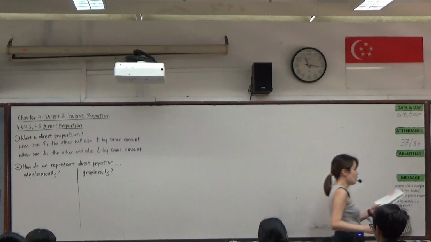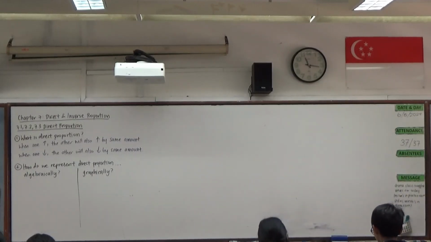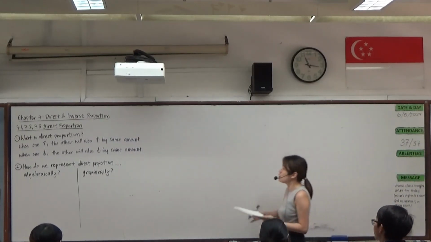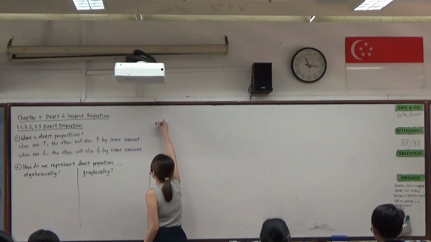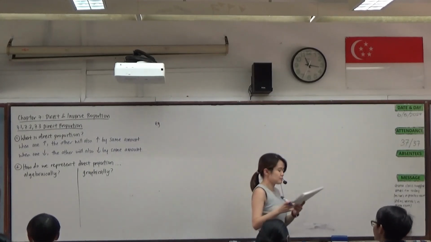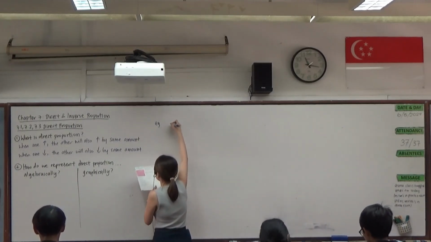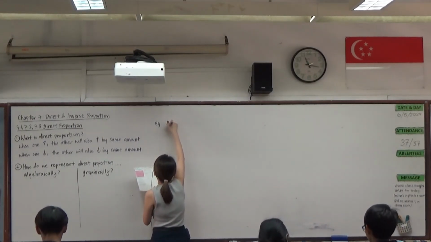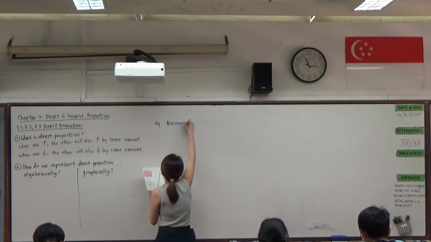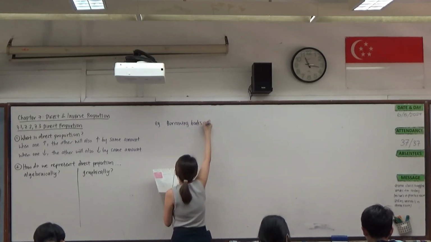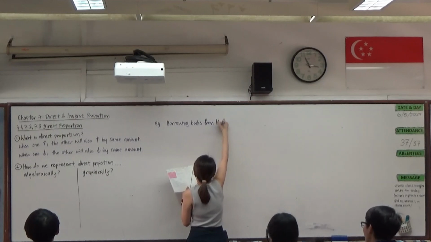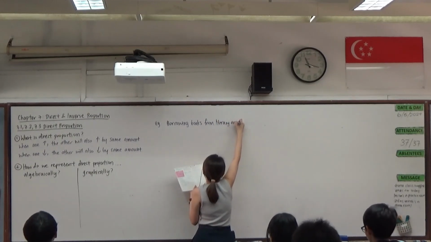One example can be about borrowing books from the library, which is what is described in your textbook. We borrow books from the library and it's overdue.